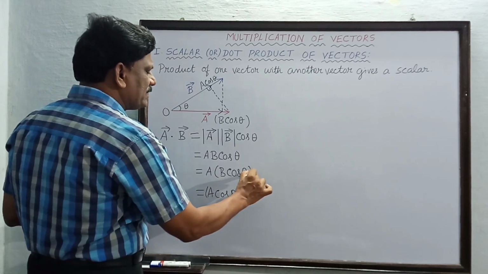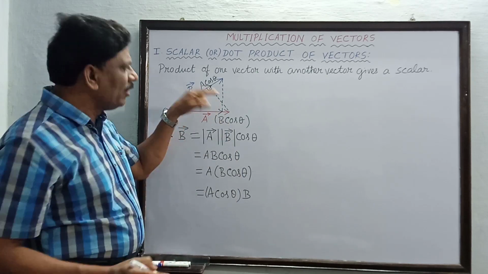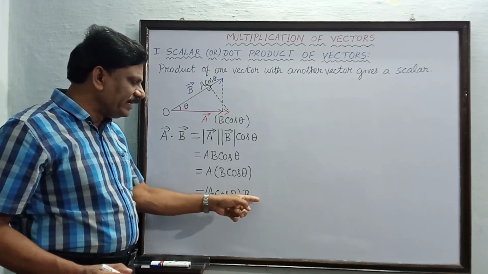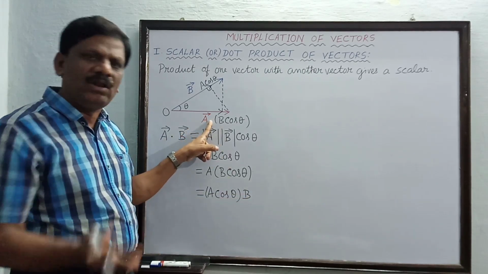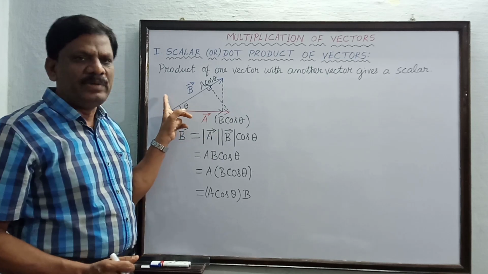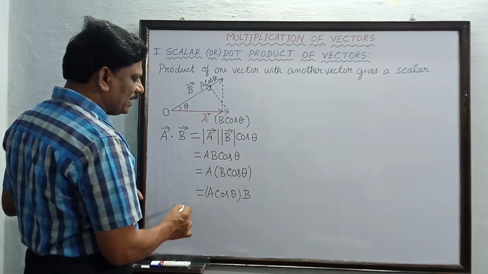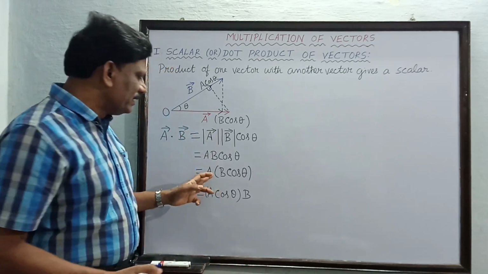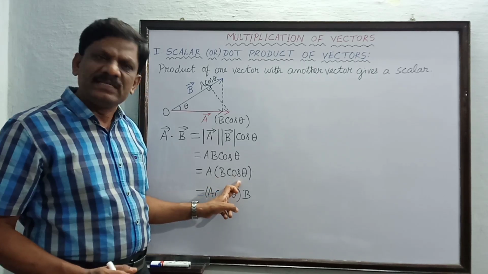So the first one is A into B cos theta, by projecting vector B along the direction of vector A. The second expression, A cos theta into B, is got by projecting the first vector A along the direction of B. So we find that A into B cos theta is also equal to A cos theta into B, because A is a scalar, B is a scalar, and cos theta is also a scalar.